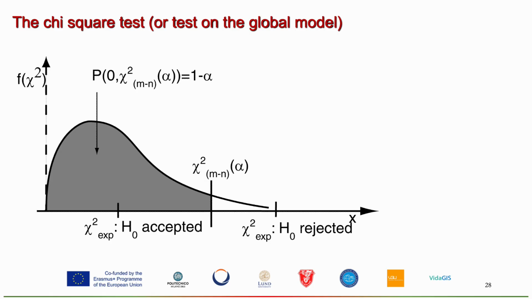In the graph you see the chi-square density distribution. You see a threshold value chi-square m minus n of alpha. At the left of the threshold value you have the area 1 minus alpha. At the right of the threshold value you have an area equal to alpha.